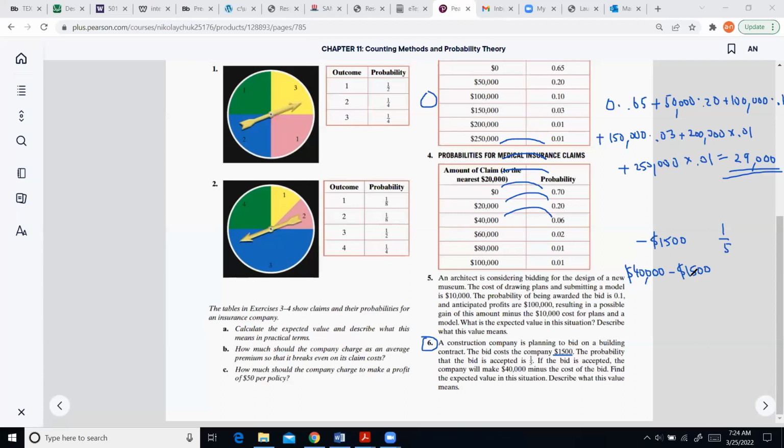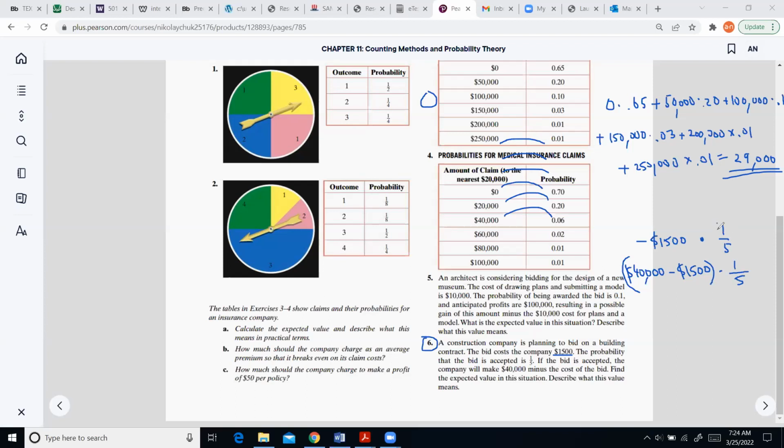So the chances that they will lose 1,500 is 4 out of 5. I'm actually not being careful: the bid is accepted with probability 1/5, so the chance that I will make this money is 1/5.